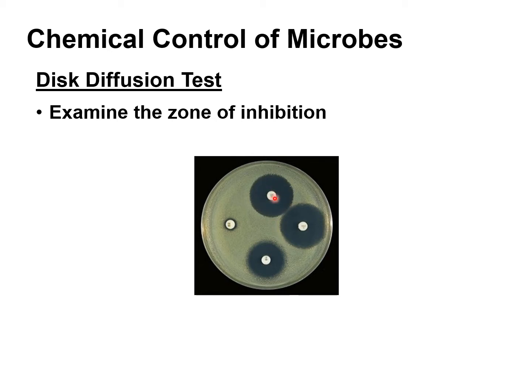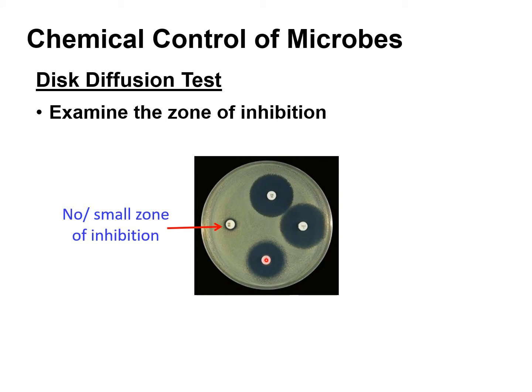By the way, you can do this test with discs that have different disinfectants. So this could be alcohol, bleach, chlorine, etc. Or those discs could be antibiotic discs, and so you would be testing penicillin versus tetracycline versus erythromycin, etc.